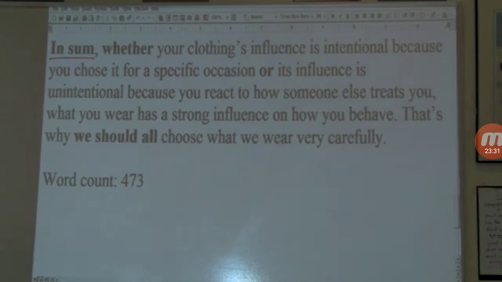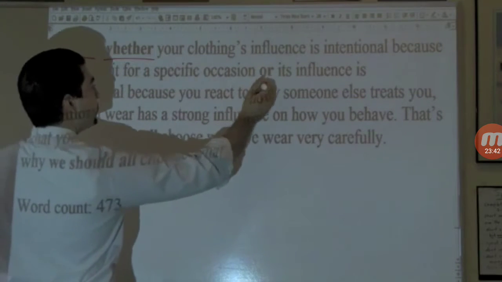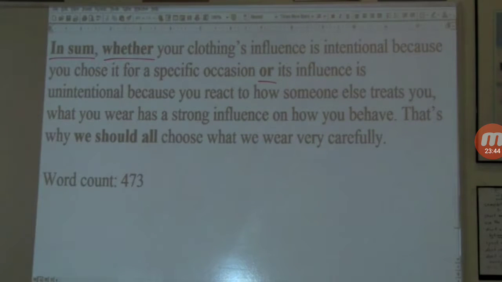Now, you want to restate your reasons and your answer. So you can do that with "not only, but also." In this case, since I thought whether reason 1 or reason 2 was a little bit more of a fit, that's what I did.